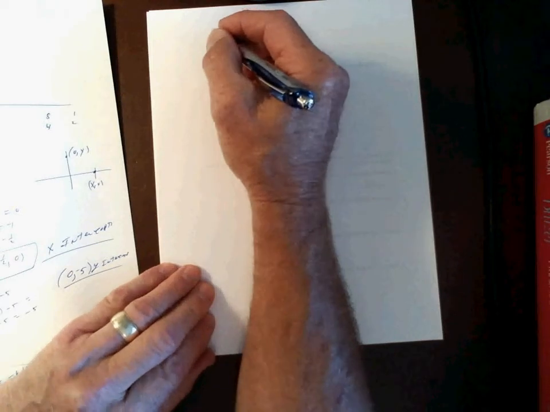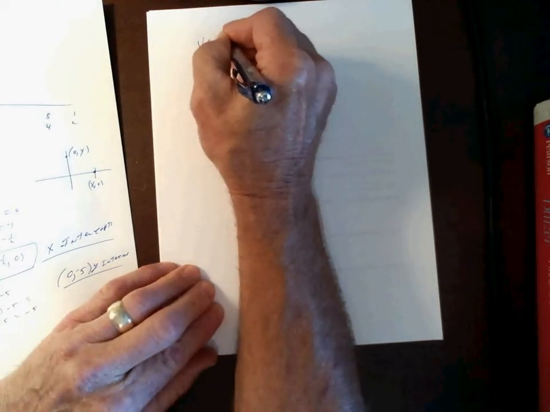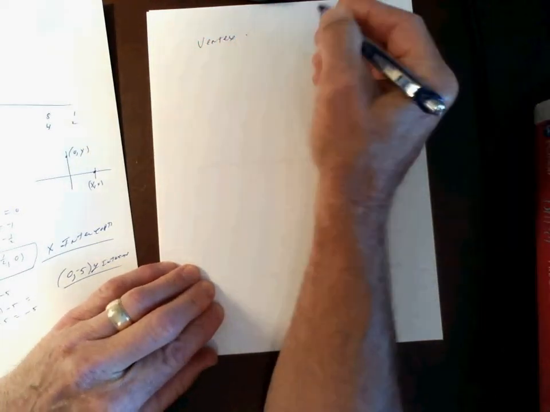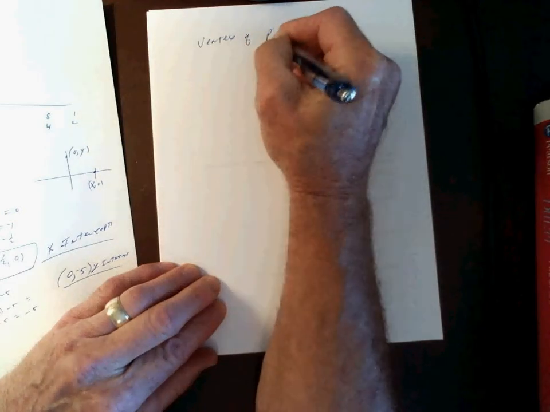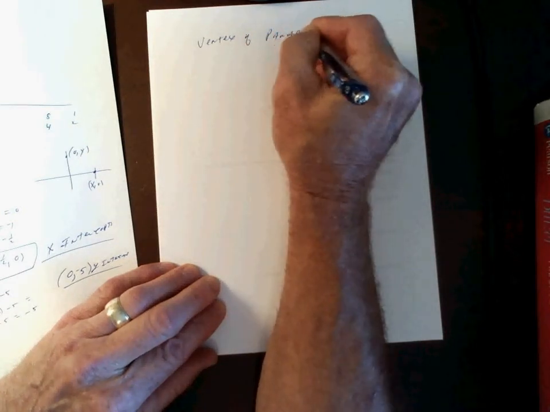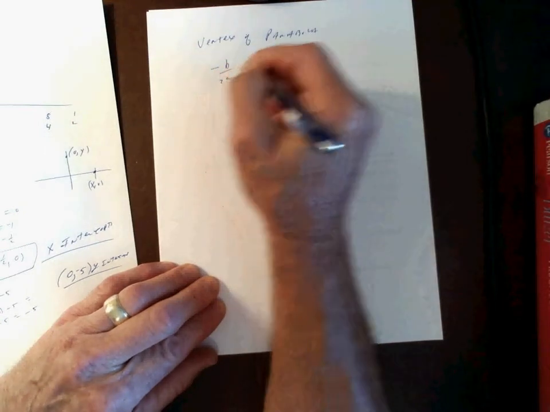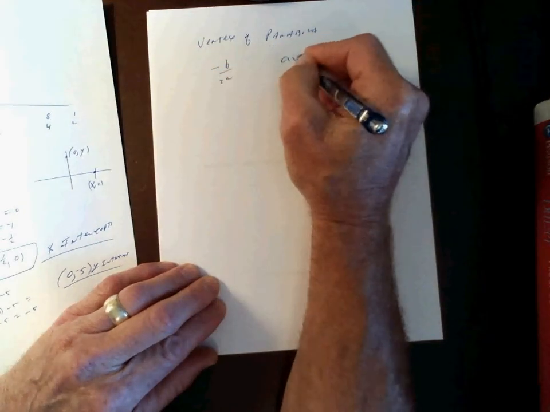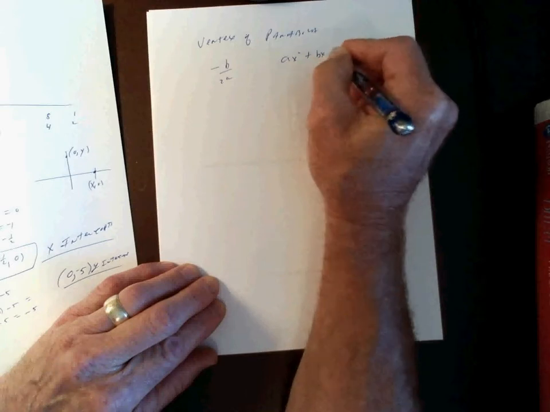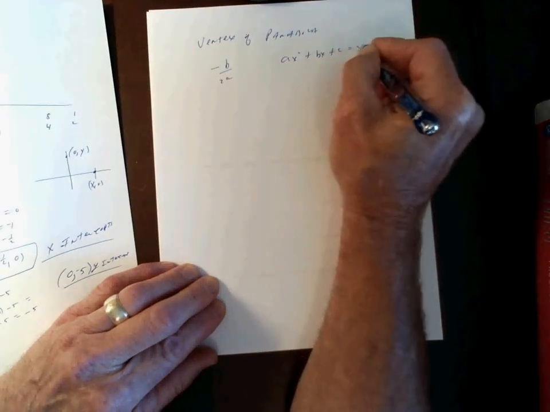So to find the vertex of a parabola, that would be negative b over 2a, and our standard form would be ax squared plus bx plus c equal to y.